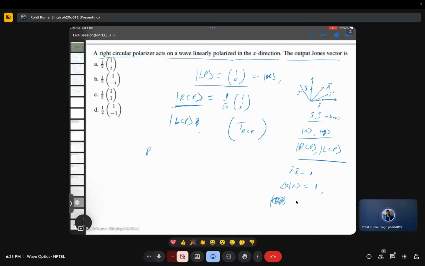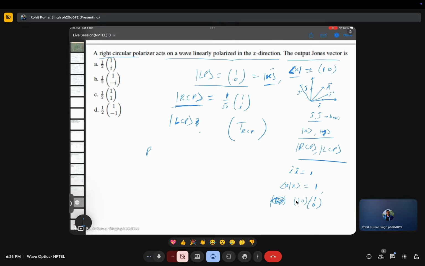This is a ket notation, and if you invert this bracket, it is basically a transpose. So this is 1 0, so it is now a 1 by 2 matrix. This is how you multiply two vectors in linear algebra. So this is now 1 0 multiplied to 1 0.